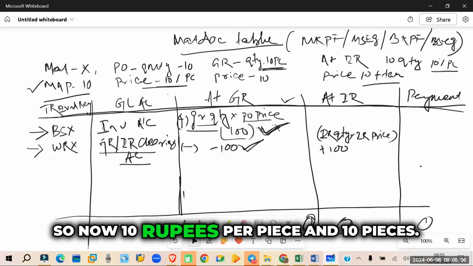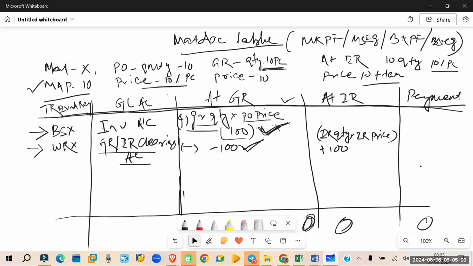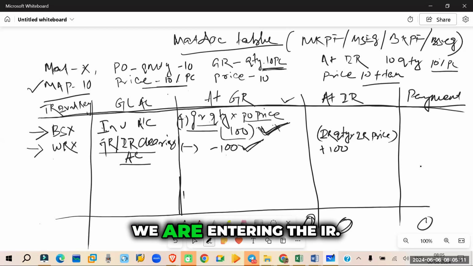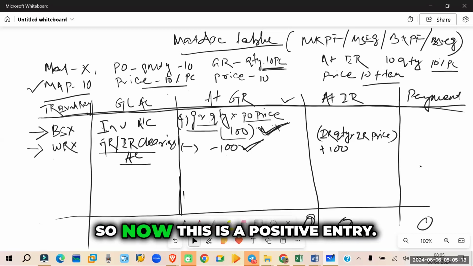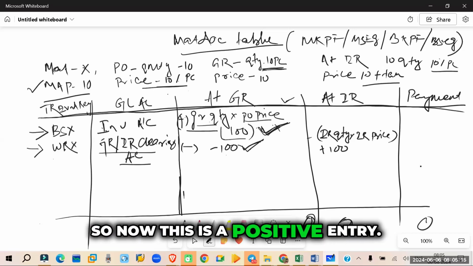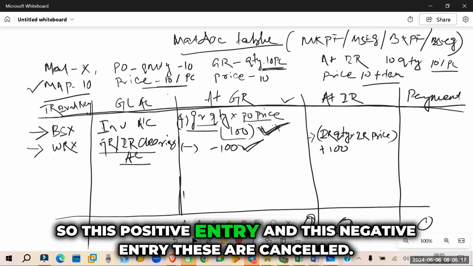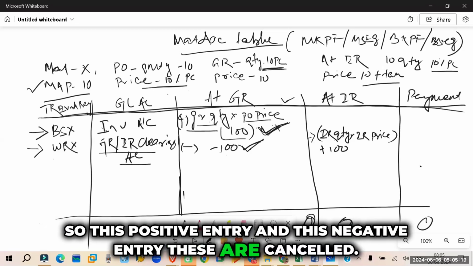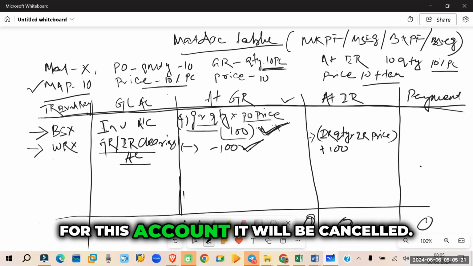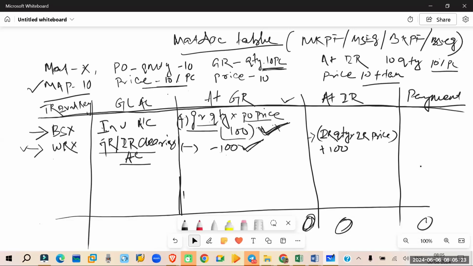So 10 rupees per piece and 10 pieces, now it is 100 rupees. We are entering the IR. So this is a positive entry, and this positive entry and this negative entry are cancelled for this account.